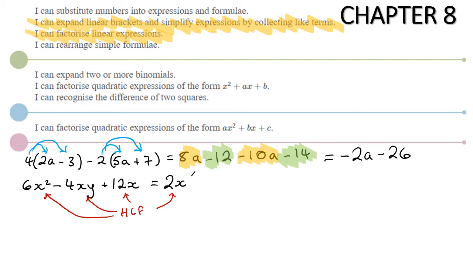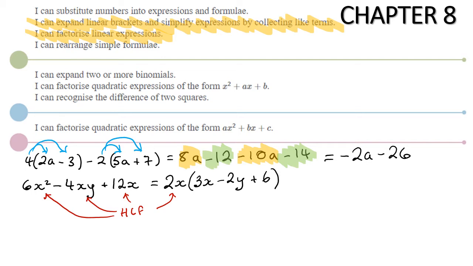The rest is easy because we're now going to work out what needs to go inside the brackets for this to work. So this needs to be 3x, because 2x times 3x is 6x squared, minus 2y, that'll give you the negative 4xy, and then plus 6, don't need an x there, that will give you the 12x.